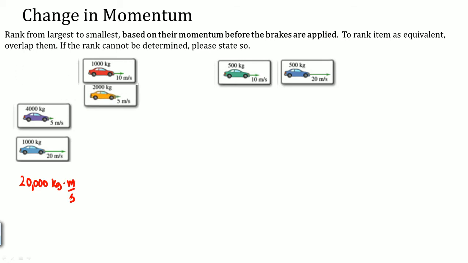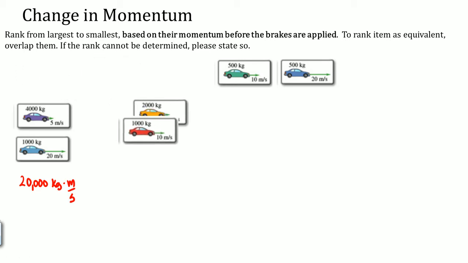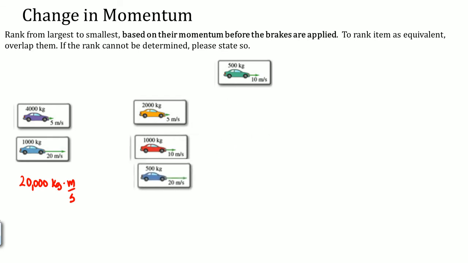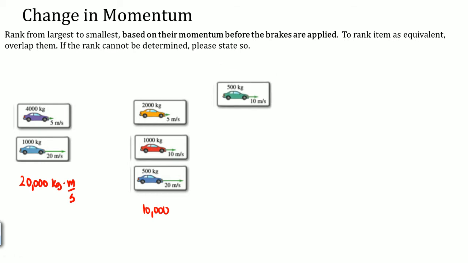Then the next is the yellow, the red, and the blue, which is 10,000. Then the last one, which is just 5,000.